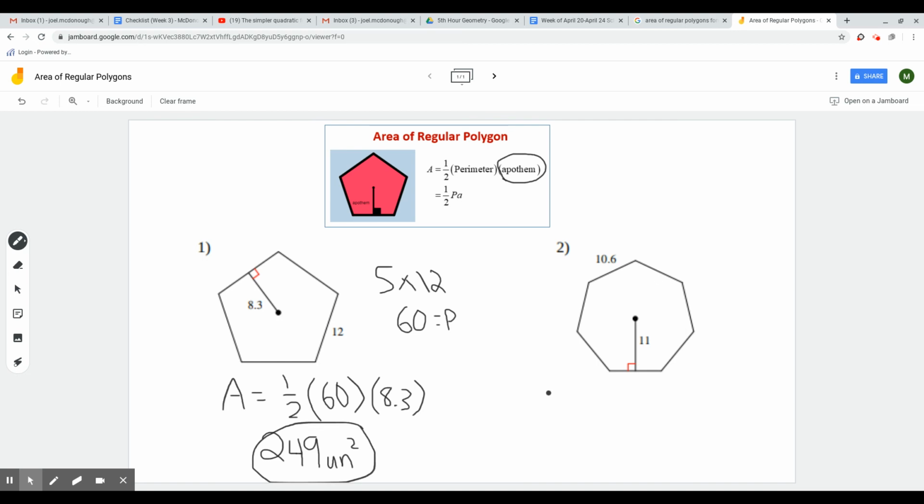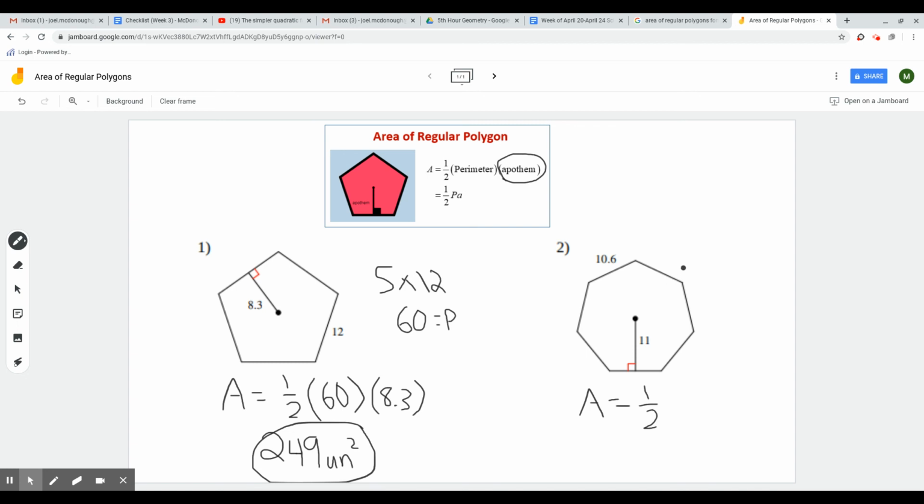For the second one, I'm going to use the same formula. So area equals 1/2, and if you're wondering where I'm getting this formula, I'm getting it from right up here, times the perimeter. Since this shape has 7 sides, it's a heptagon.